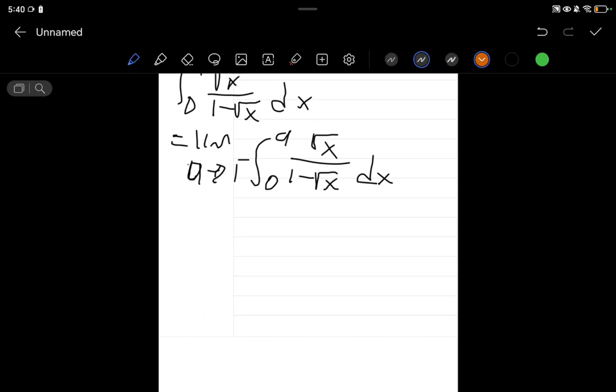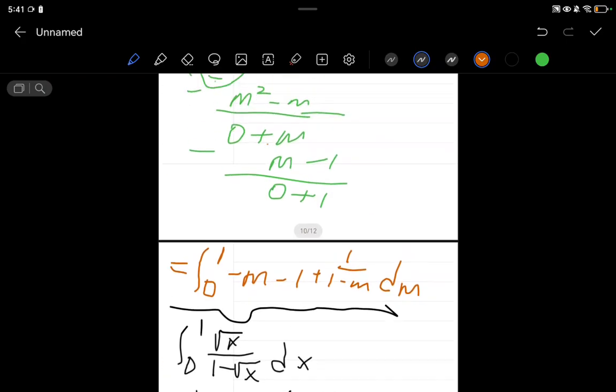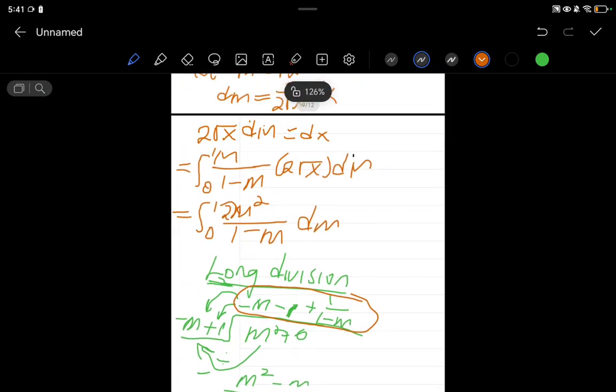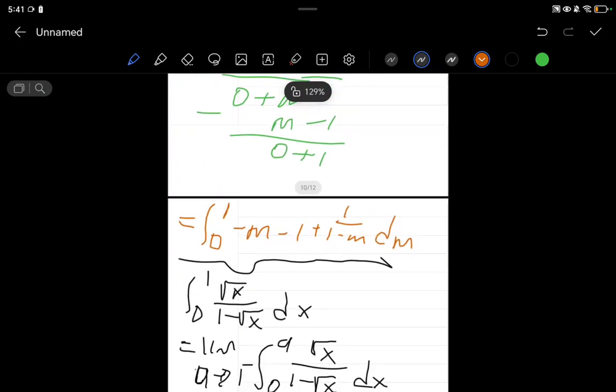This was the limit as a approaches 1 from the left, 0 to a, 2m squared over 1 minus m dm. I think it's like this. Let me check. Yeah, it was like that. So I can take out the 2.